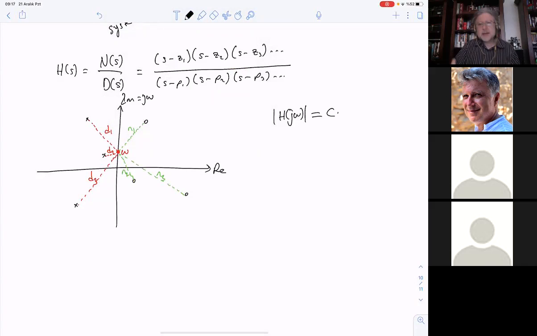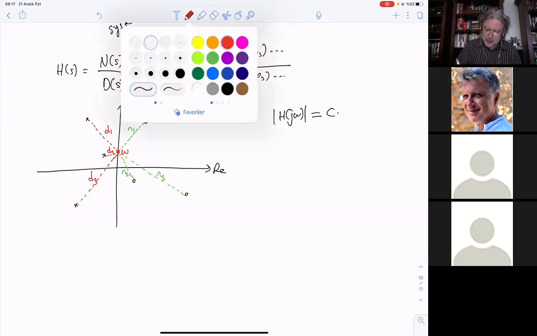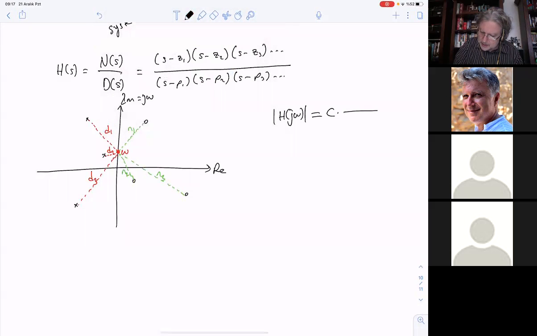So h of j omega is a constant times, that constant depends on the overall expression, of course. It can be determined, but it doesn't change the characteristics of the magnitude of h of j omega. It's just scaling it. If it is a low-pass filter, it will still be a low-pass filter multiplied by C. So I will continue as the following.